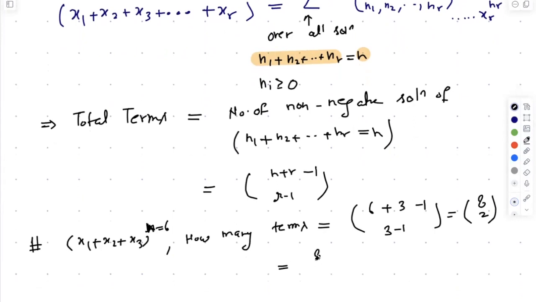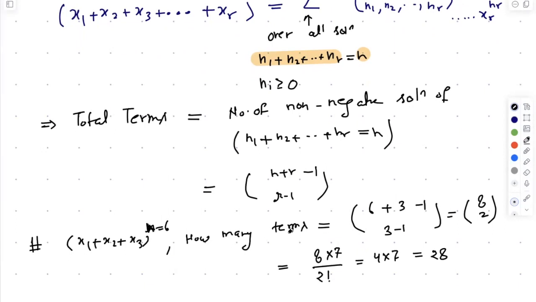And 8C2 is going to be 8 into 7 divided by 2 factorial. You know how to expand nCr. So this is going to be 4 into 7, you divide 8 by 2 there. That is 28. So there will be a total of 28 terms in the expansion of (x1 + x2 + x3) whole power 6.